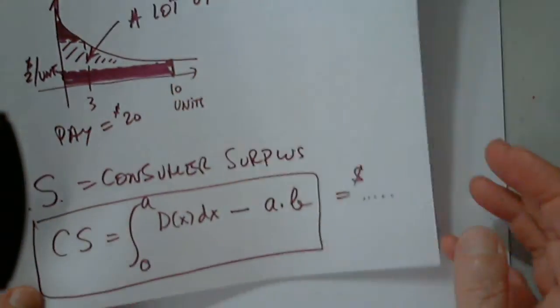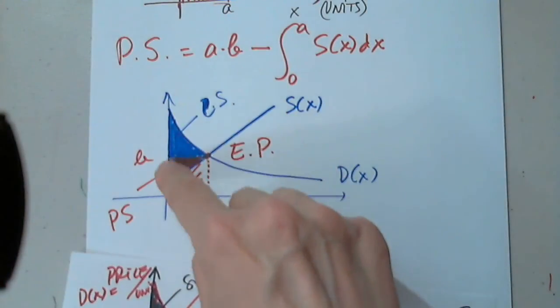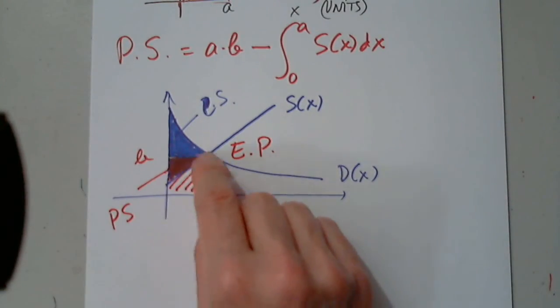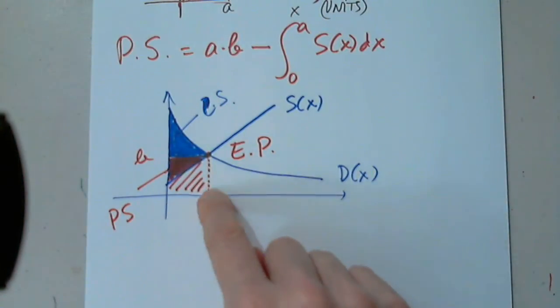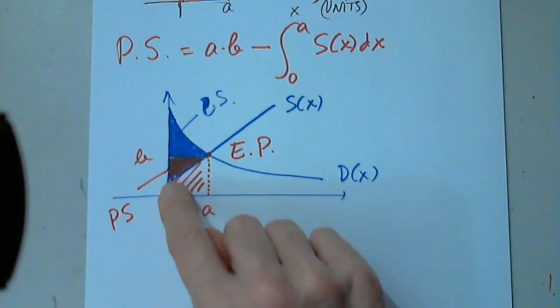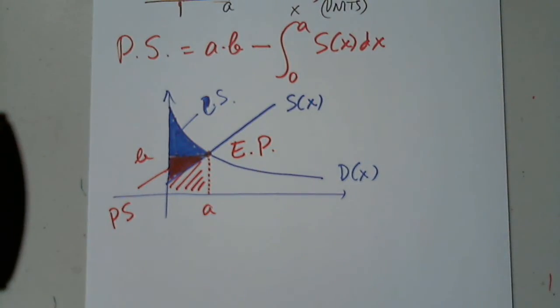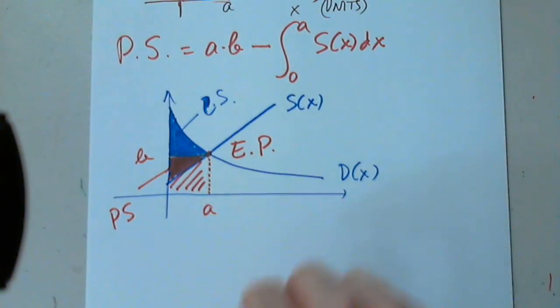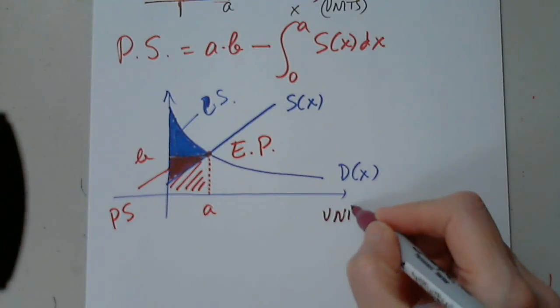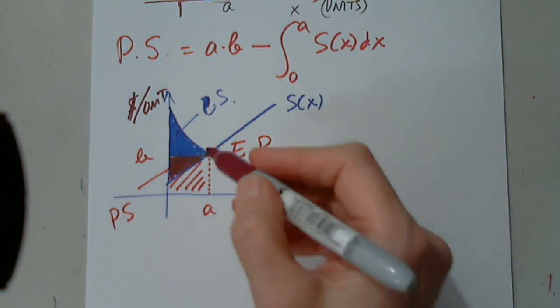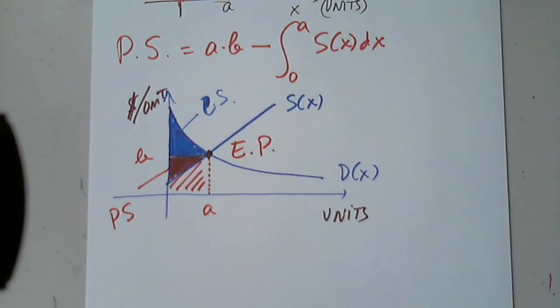This one is at the top, so it's the area minus the rectangle. But this one is inside the rectangle, so it will be the area of the rectangle minus the area under the supply function. Very easy to remember if you understand this picture. This is the number of units, this is the price per unit, and this is the equilibrium point. We're going to have examples of all these types on Tuesday.